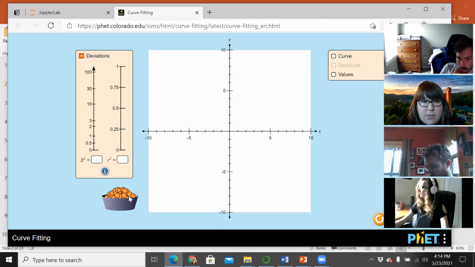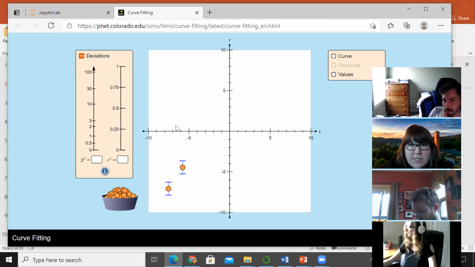Alrighty. So we have a little bucket of data points down here, and they have default error bars. We're just going to disregard the error bars for now and just look at the points. I'm trying to make something linear looking here to have something to fit.